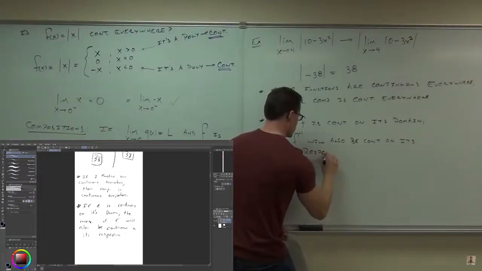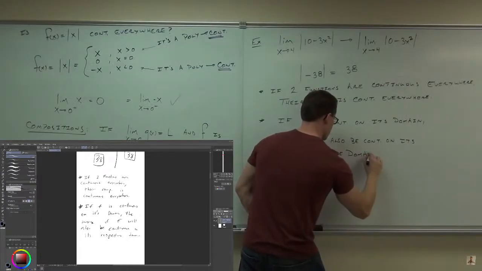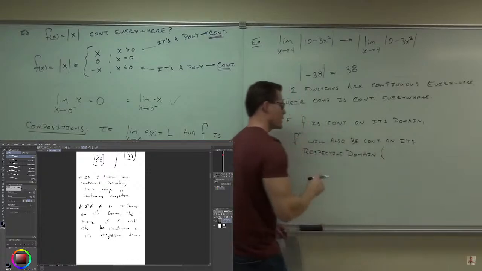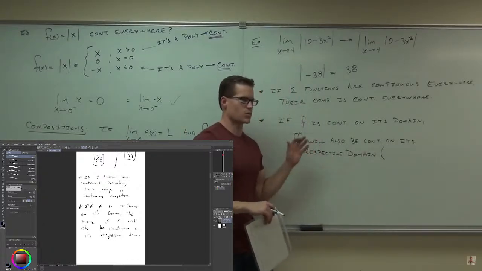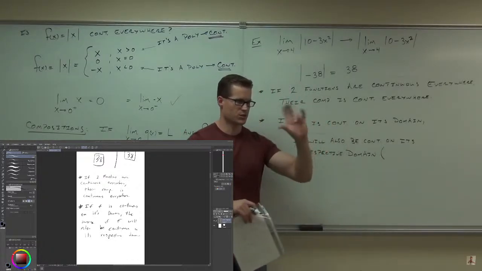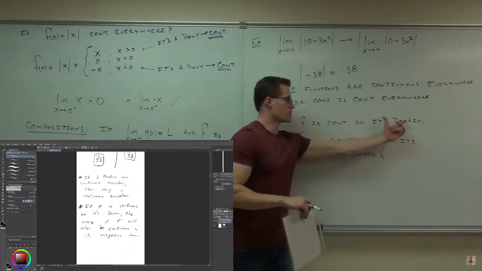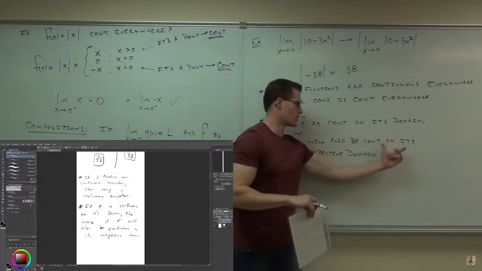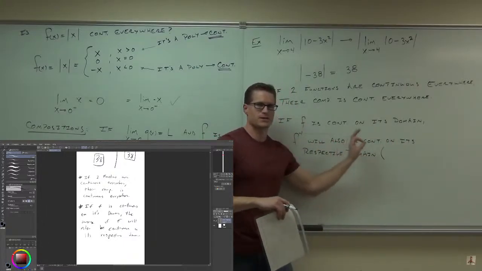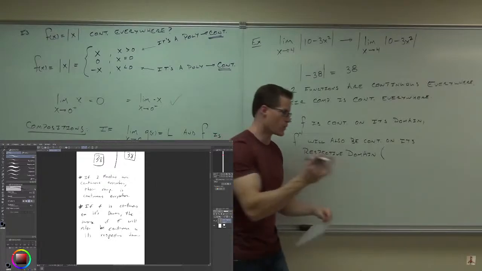But keep in mind that the domain of f inverse is the range of your original function. You switch x and y, right? So range becomes domain, domain becomes range. So if f is continuous on its domain, f inverse will also be continuous on its respective domain, but that is the range of your original function, the range of f.